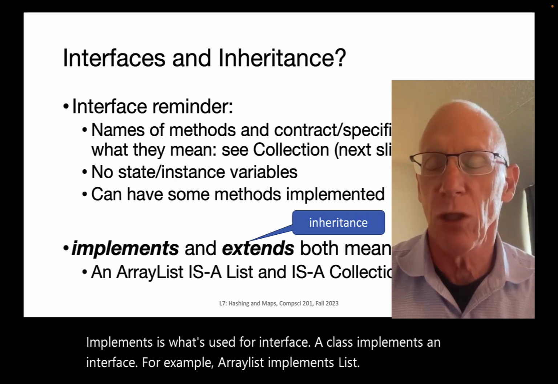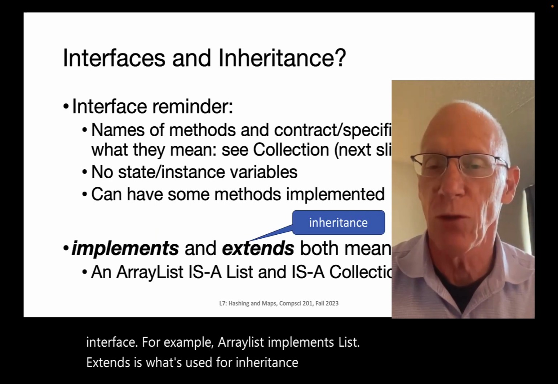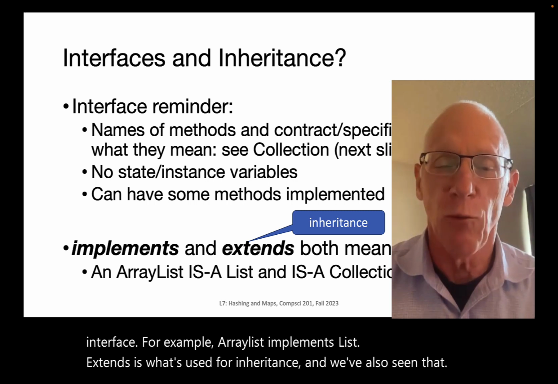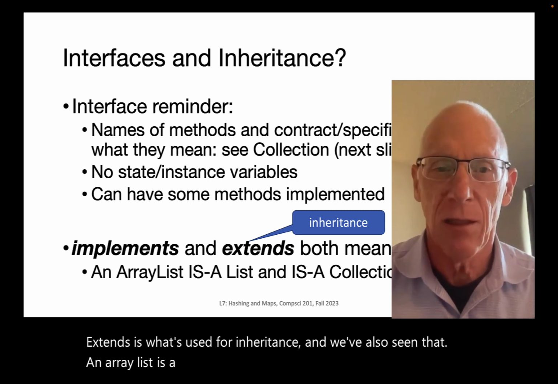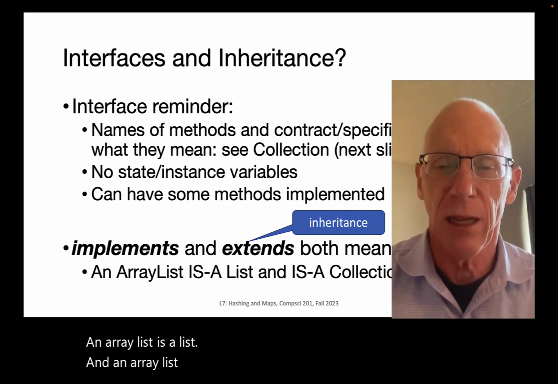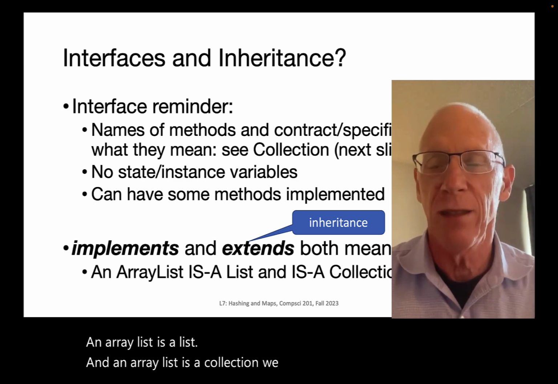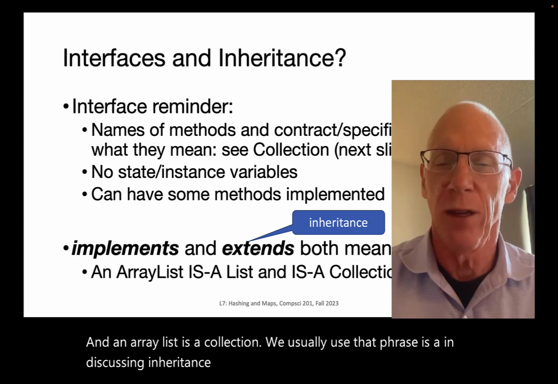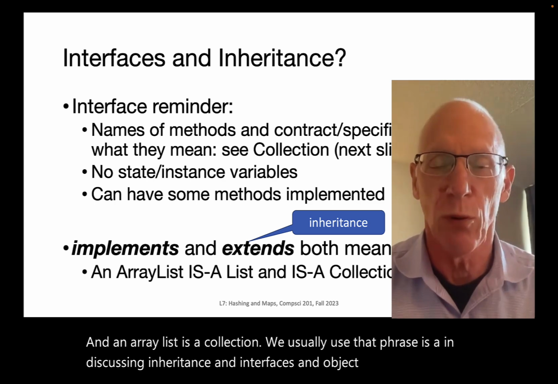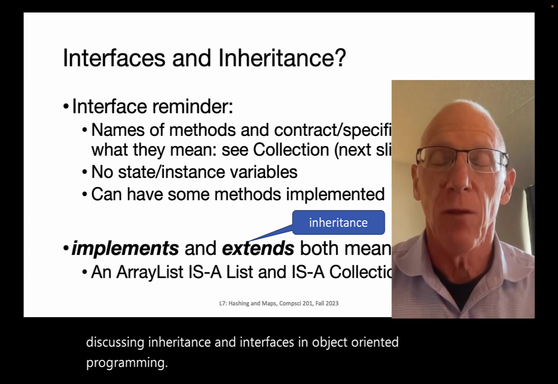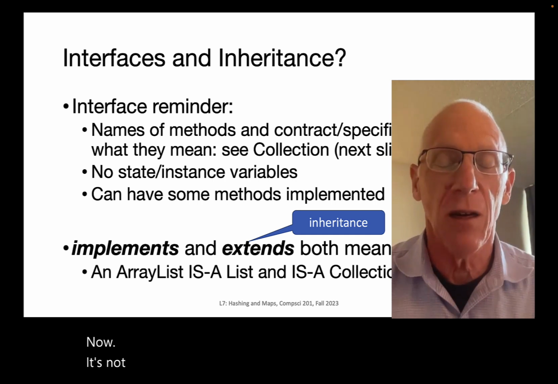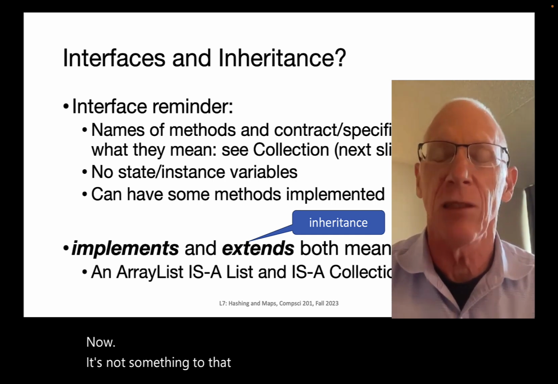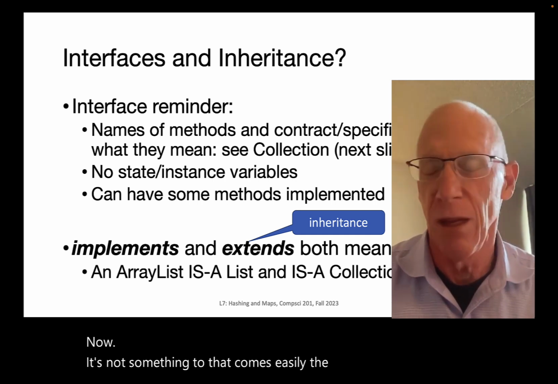Extends is what's used for inheritance, and we've also seen that. An ArrayList is a list, and an ArrayList is a collection. We usually use that phrase "is a" in discussing inheritance and interfaces in object-oriented programming. Now, it's not something that comes easily, the understanding of implements and extends.